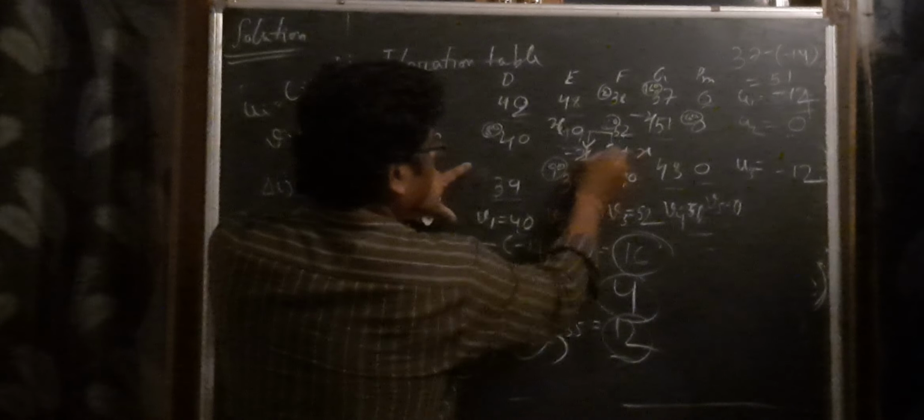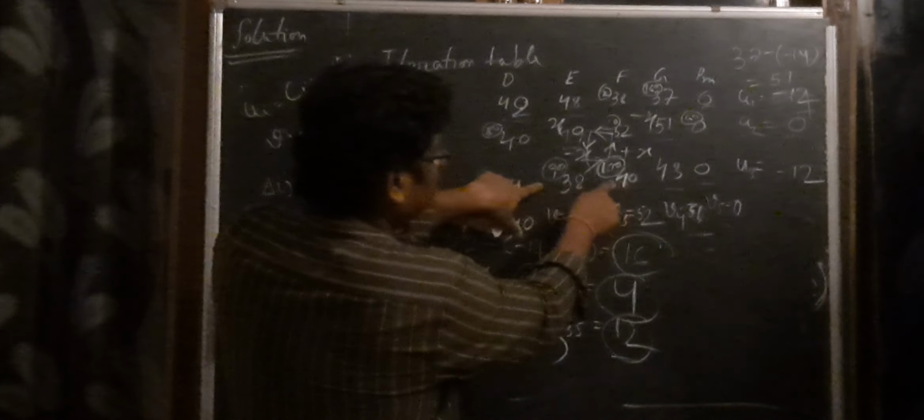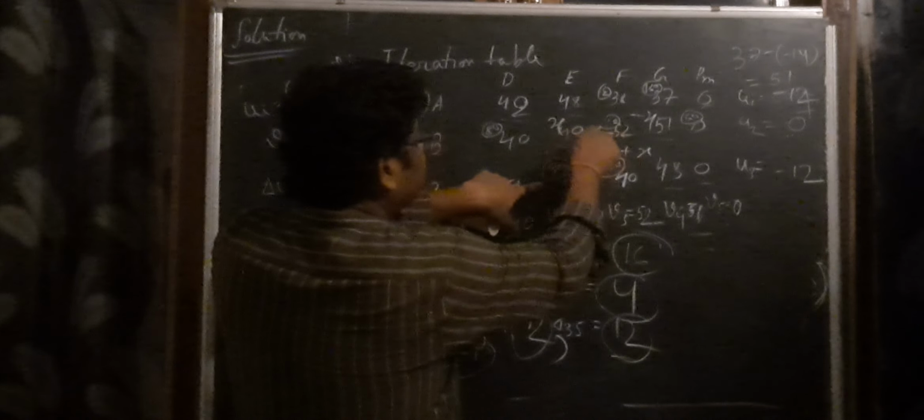Okay, look. From here, putting the x here, we go to the next allocated cell, then the next allocated cell, then again the next allocated cell, and again we are in the initial position. So this is a closed path.